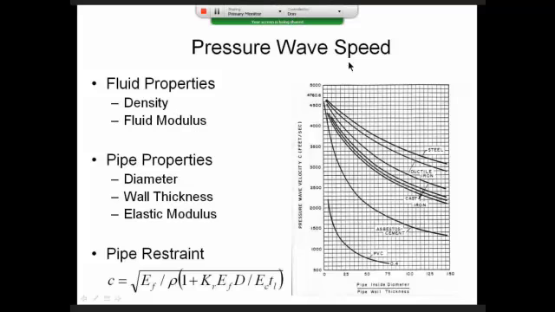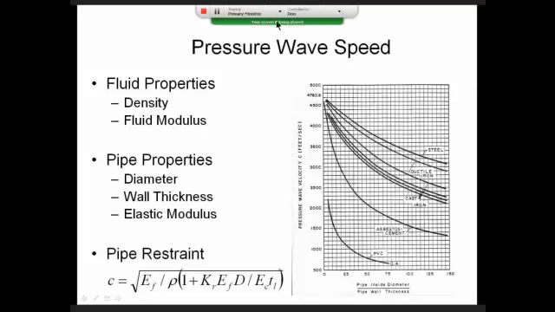The pressure wave speed, this becomes a very important part of surge analysis. And when you do a surge analysis and you have a steady state model, really the principal additional data you need is just the wave speed in the various different types of pipe.